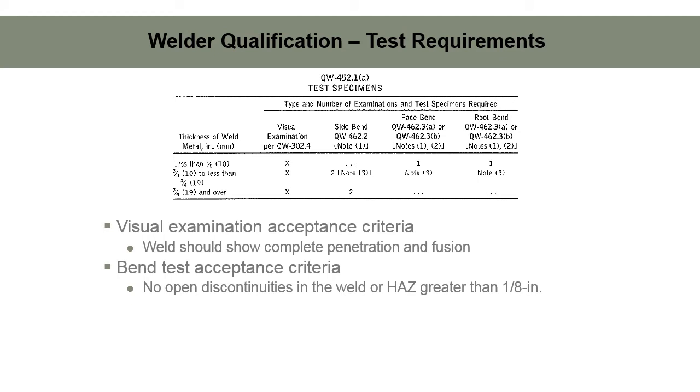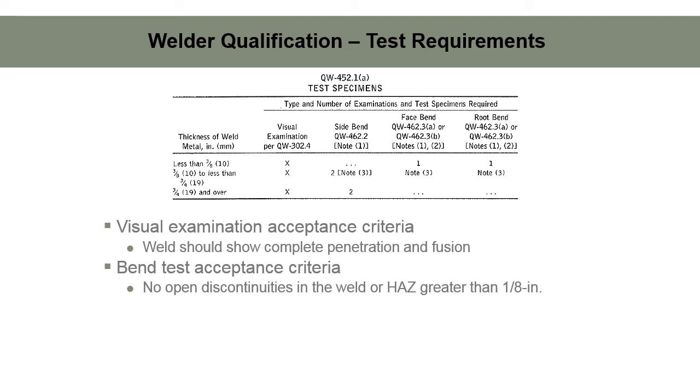That's what we need to do. So the visual examination and acceptance criteria: weld should show complete penetration and fusion. The bend test acceptance criteria: no open discontinuities in the weld, or HAZ greater than 1/8 of an inch.